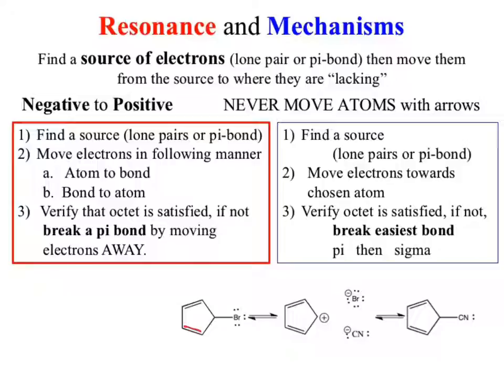Okay, we move those electrons to some place that is lacking electrons. Where is there some place lacking electrons? I disagree. There is a place lacking electrons. Positive charge is in the product, so I can't look at that because that's not there yet.